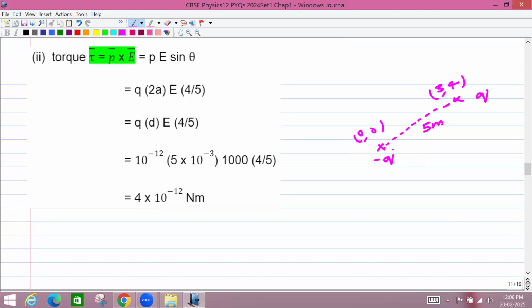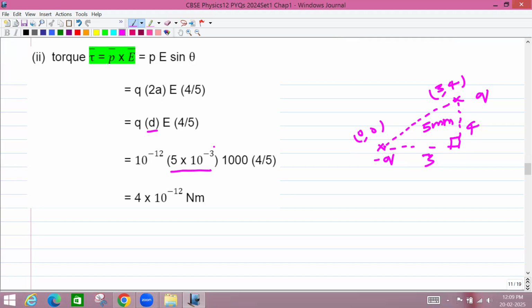Because 3, 4, 5 form a right angle triangle. This distance is 3, that is the meaning of 3, 4, and this distance is 4, and this is 90 degrees. So by Pythagoras theorem, this is 5 mm. So d is 5 mm.